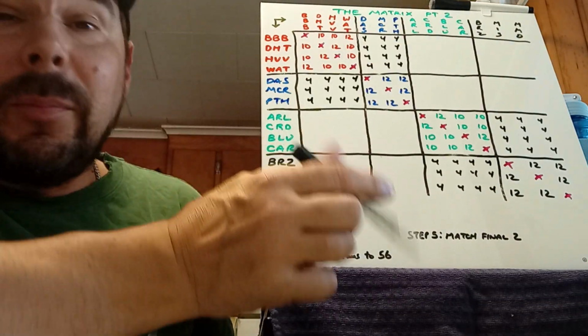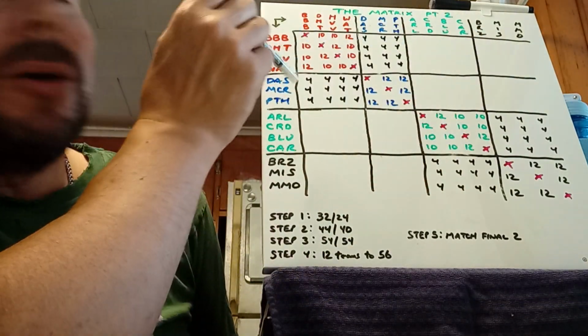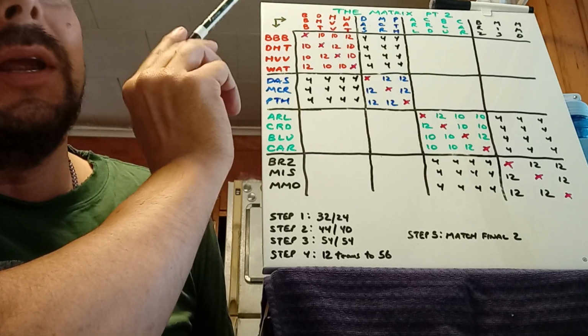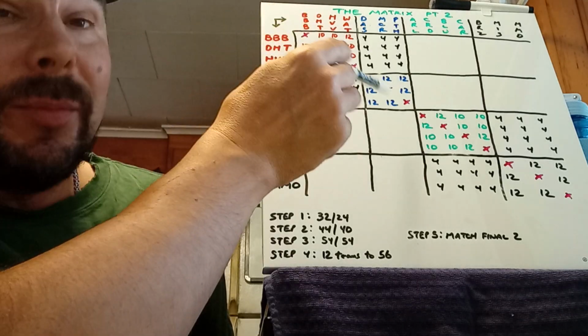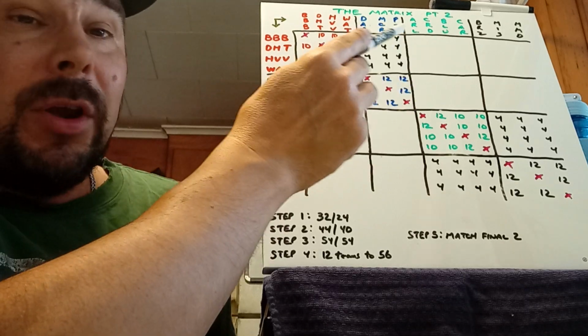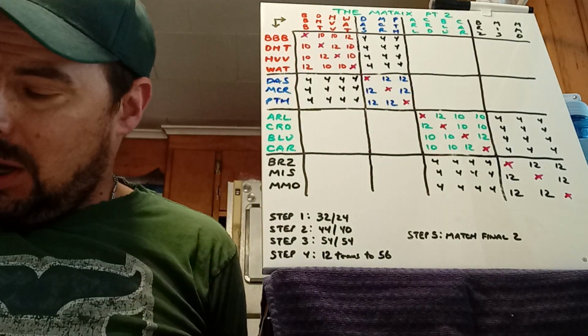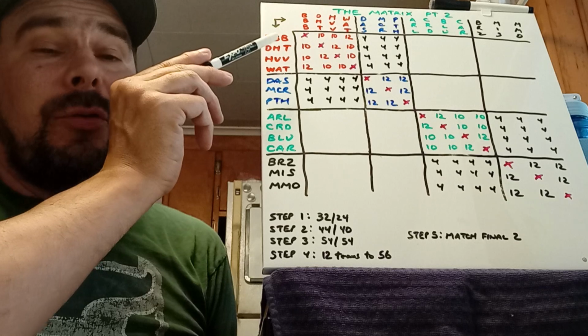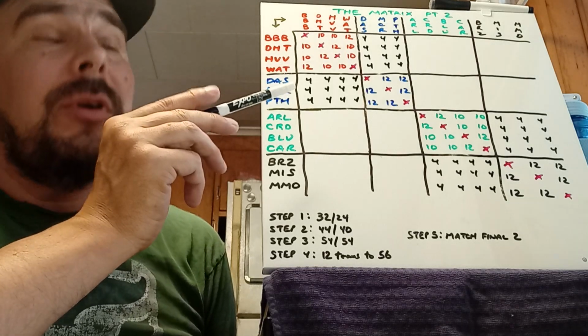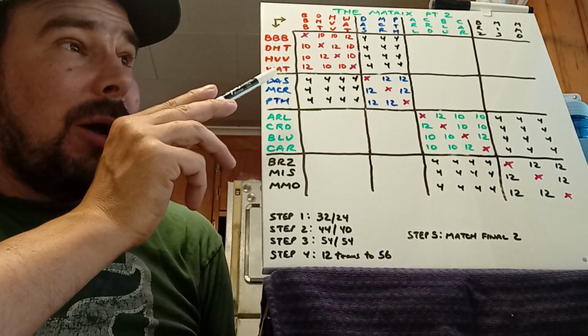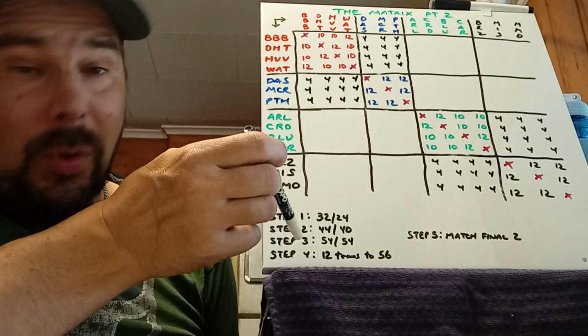All right, so after step 2, we have the Northwestern teams playing the Northeastern teams 4 times each. So there's an additional 12 games for Northeastern teams, an additional 16 for the Midwest and the Southwest as well.